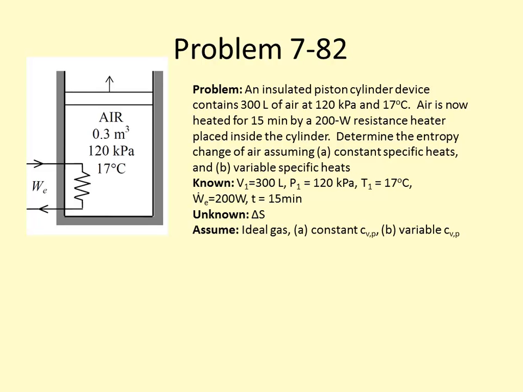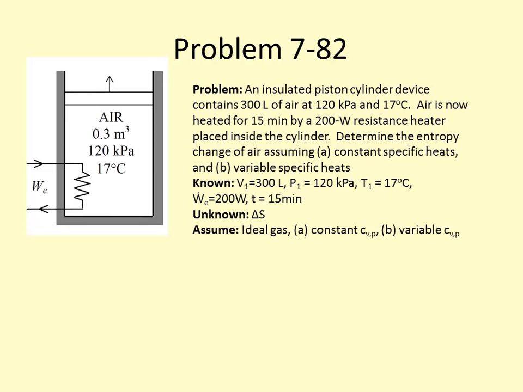Okay, so some of the assumptions that we can make: it's an ideal gas. It's constant specific heat in the first case, or in part A, and then variable specific heat in the second case. When we assume constant specific heat, that's an approximate approach, because we're approximating that the specific heat is some constant value.